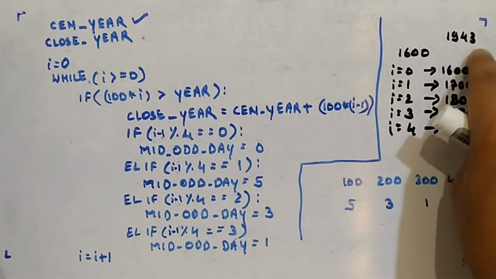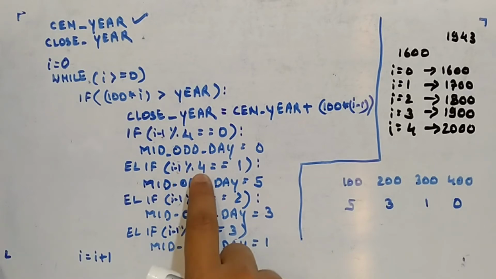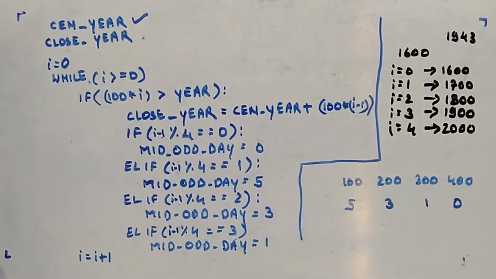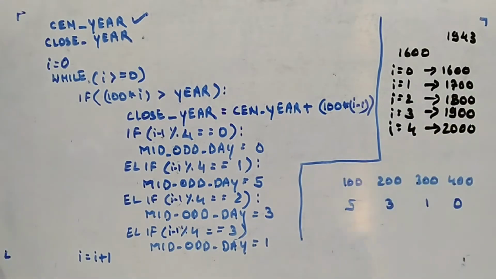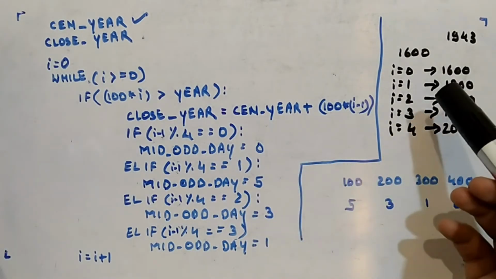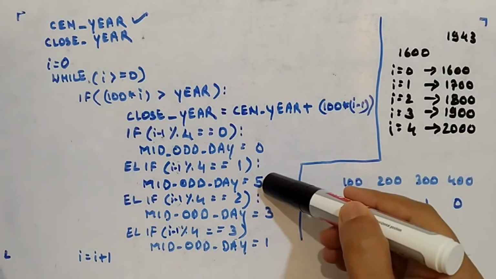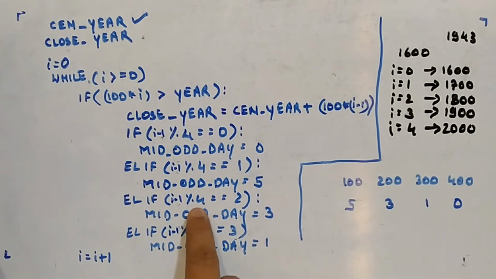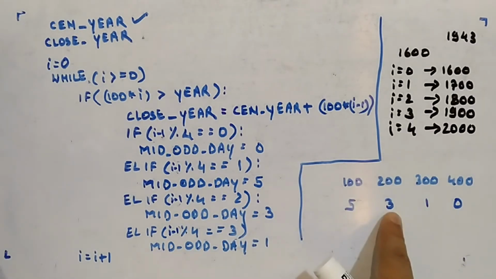The last program will be finding this 43. So 0 will be stored here. If i minus 1 modulo 4 is equal to 1, it means you have come 100 extra. You were at 1600, you came extra 1, so you are at 1700. Then the mid odd day will be 5. If i minus 1 modulo 4 is equal to 2, then the odd day will be 3.